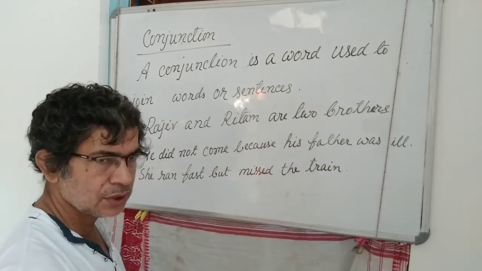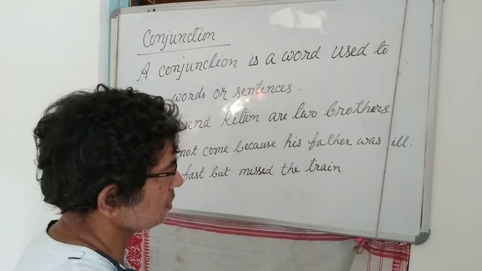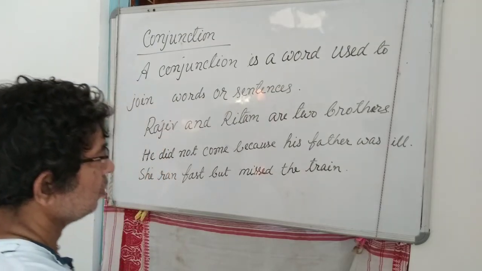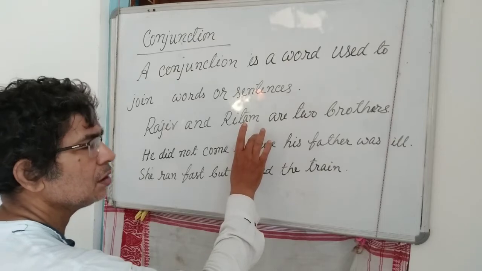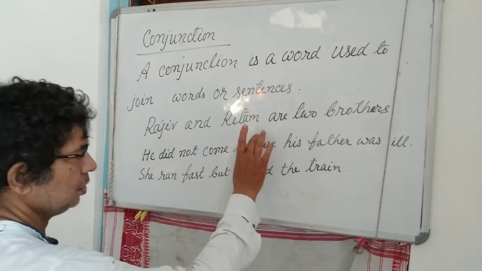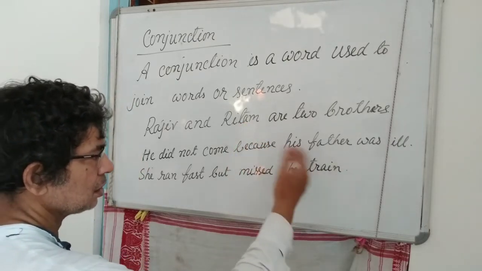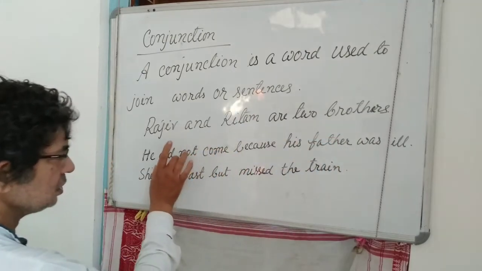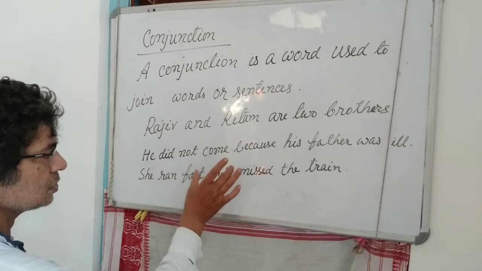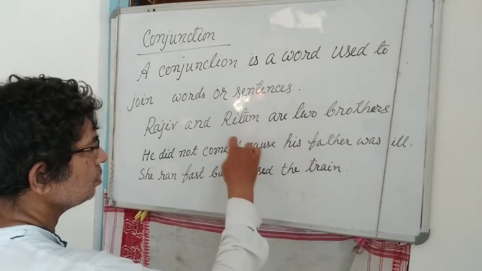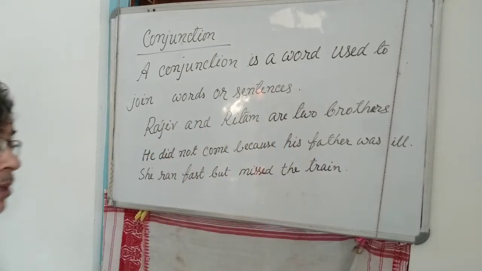But we join these two sentences with the help of because. Here we cannot say that these are sentences now. These are now clauses, parts of a sentence. Here two clauses are joined by the conjunction because.